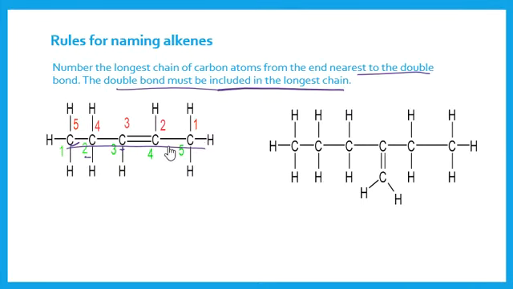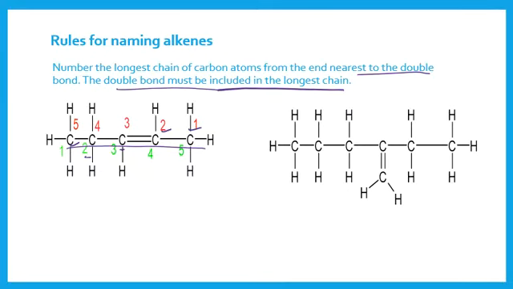But if we look at the red numbers, the double bond is on carbon number 2, because this is carbon number 1, this is carbon number 2, and then we encounter the double bond. It means now the red numbering is the correct numbering here, because it gives the double bond the lowest possible number. So we go with the red numbers, meaning the double bond is on carbon number 2.